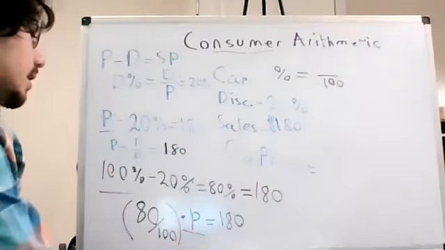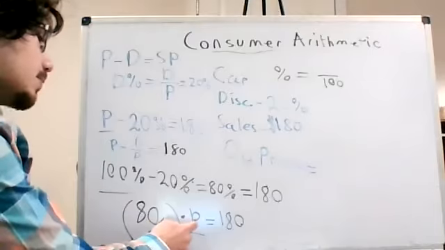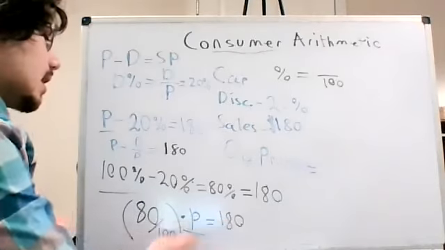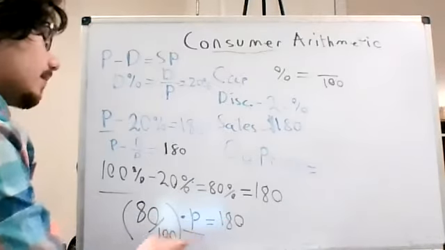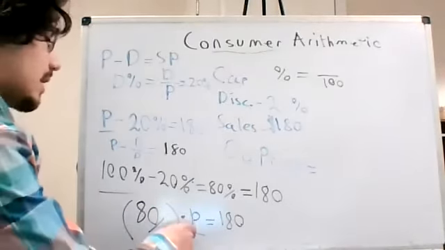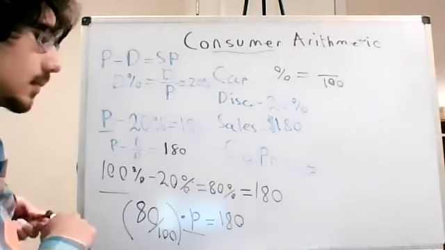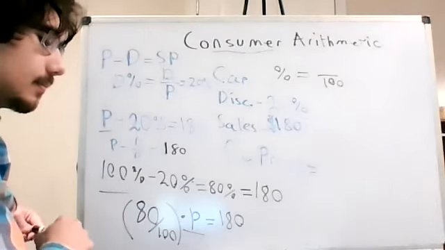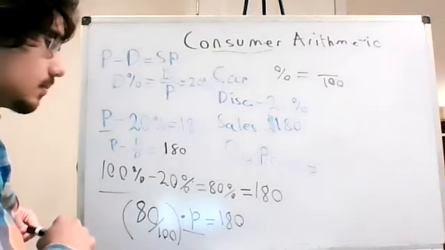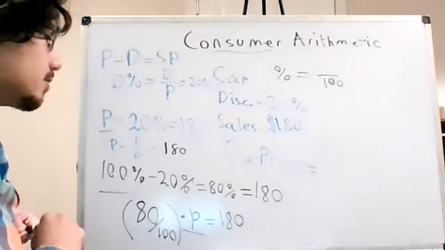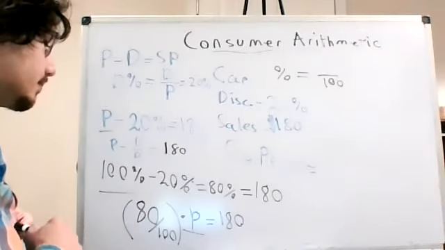So here's our equation. 80 over 100 times P equals 180. You want to find the P. So we have to get the P by itself. Correct? Yes, sir. Okay. So how do you get the P by itself?